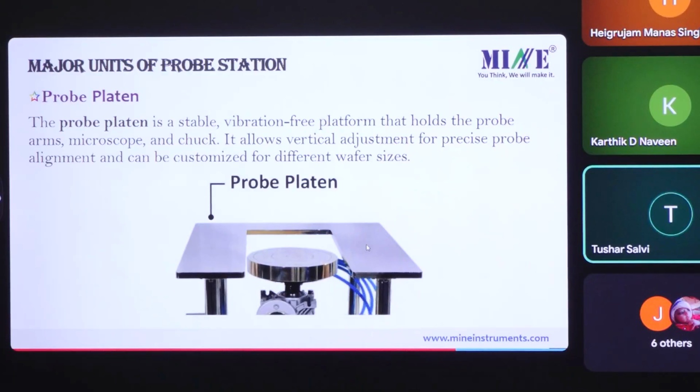Apart from the probe station, we also sell furnaces for material testing, where we get the dielectric constant and resistivity of the material. We will provide a complete furnace setup with sample holders, from room temperature to 1000 degrees Celsius, and standalone software that gives at least 24 to 25 parameters of any material.